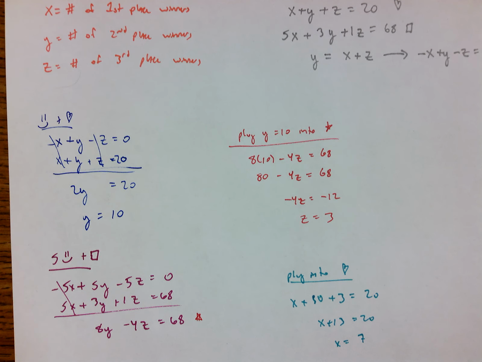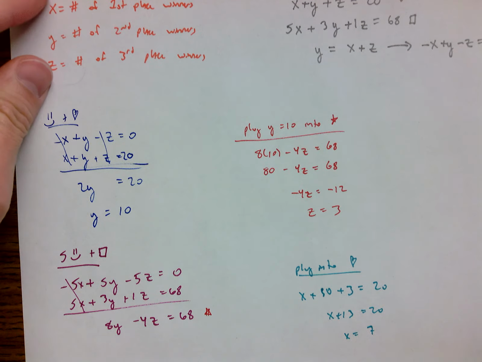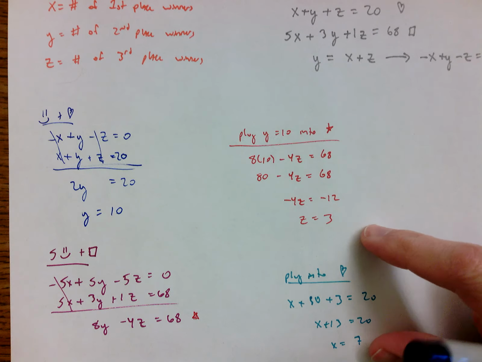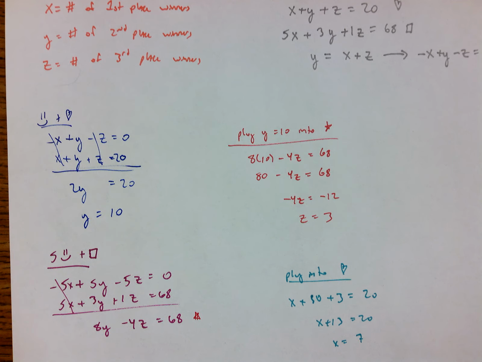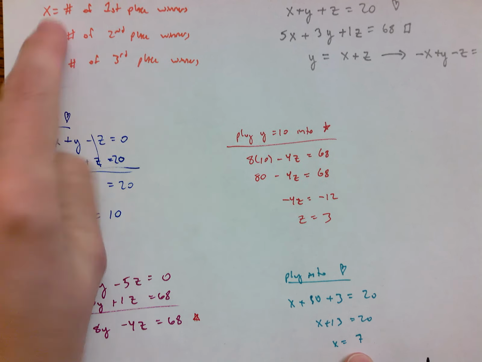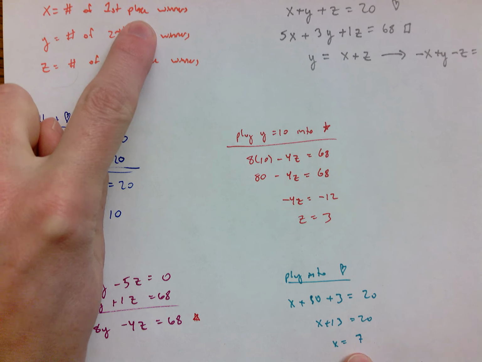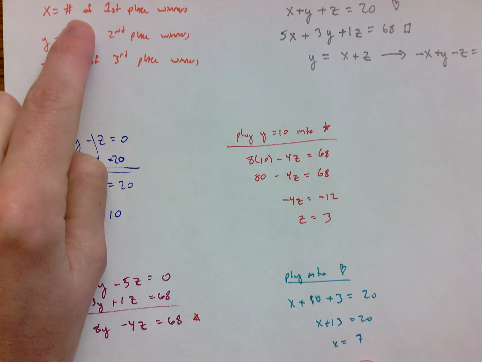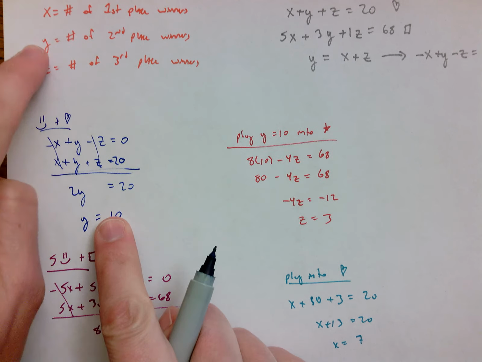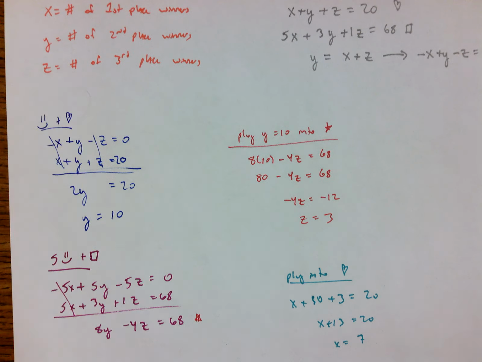All right, and then from here, instead of writing our answer as a point, we're going to write it as a sentence. Okay, so you're going to go back and you're just going to attach what we defined our variables as to what our answers were and kind of put the thought together. Okay, so we said x is 7 and x is the number of first place winners. So I'm just going to say that there were 7 first place winners, there were 10 second place winners, and there were 3 third place winners.